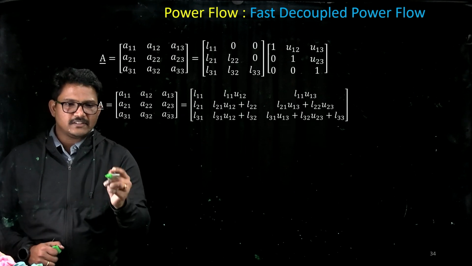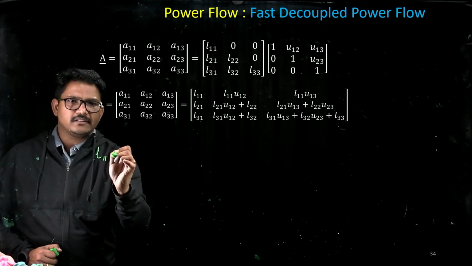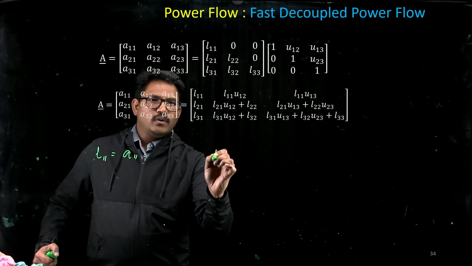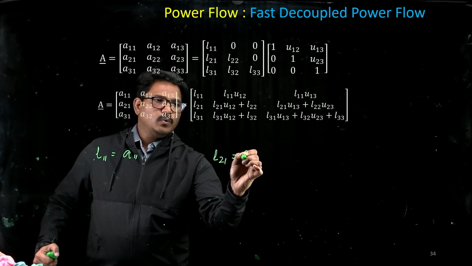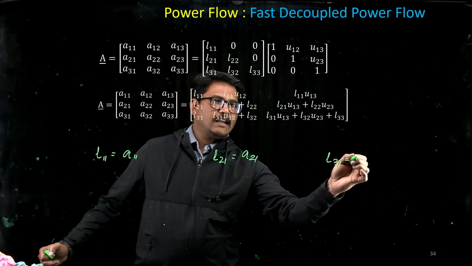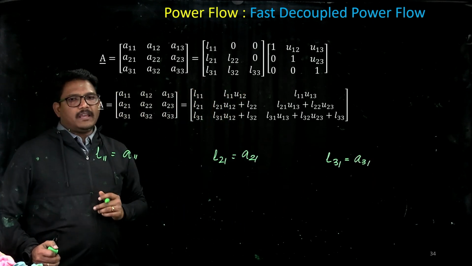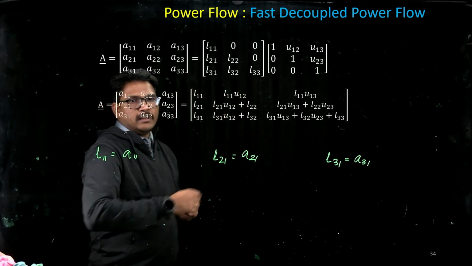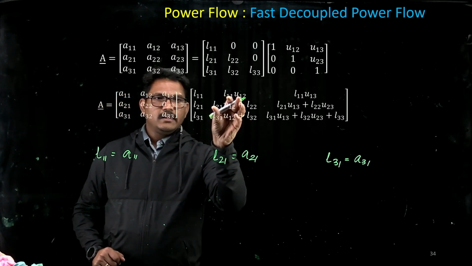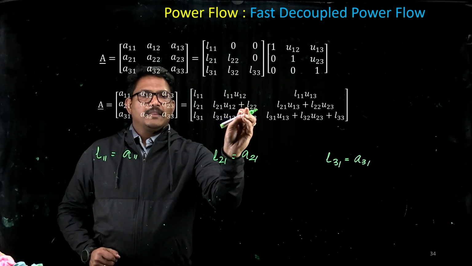So that means you can say that your value of L11 is nothing but A11 for us. And similarly, your value of L21 is equal to A21, and your value of L31 is exactly equal to A31. And after getting the three elements of the lower triangular matrix, then you can see the next element in your matrix, that is L21 U12 plus L22.